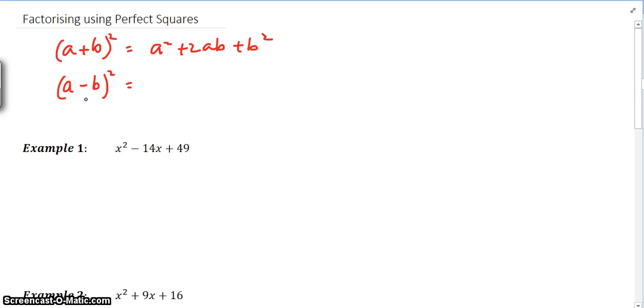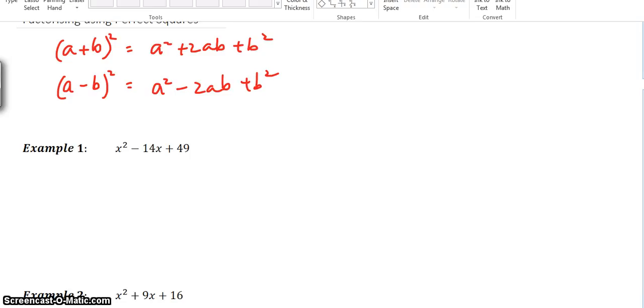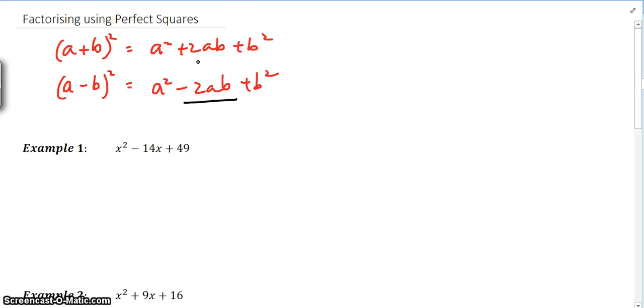Likewise, with the minus sign in there, it turns into a squared minus 2ab plus b squared. If we're going to use the reverse, there is one condition we need to satisfy before we can assume something is a perfect square: we have to calculate what the 2ab is first.